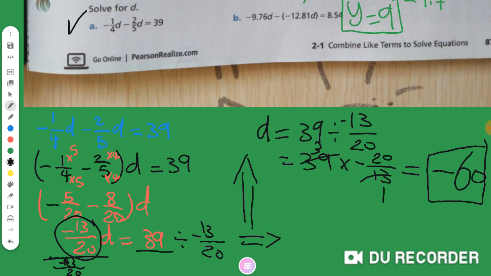Okay, what about the next one, which is number D here? Let's solve it. It's negative 9.26d minus negative 12.81d equals 8.54. Okay, let's solve it.